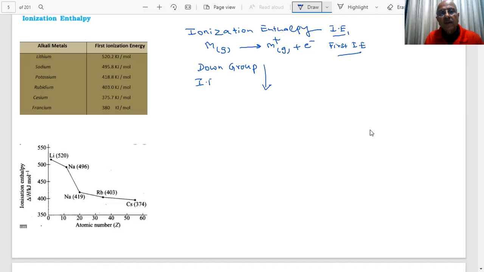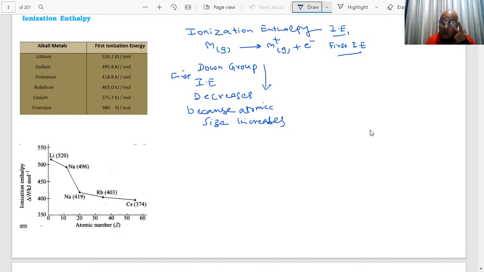Down the group, first ionization energy decreases, students, because atomic size increases. Clear?